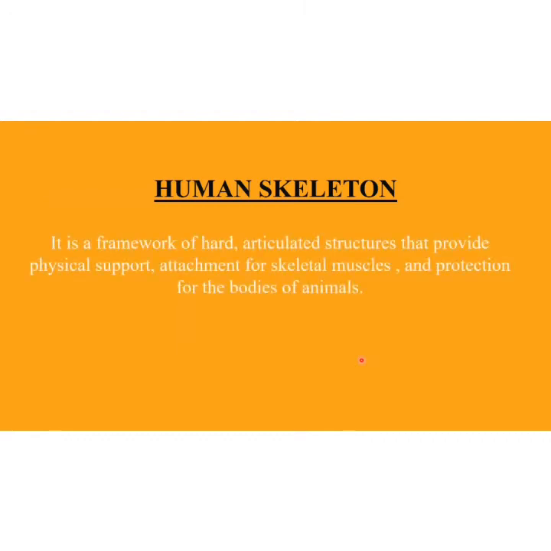Next, a human skeleton. What is the human skeleton? It is a framework of hard, articulated, meaning joints which are present in the skeleton, structures that provide first, physical support, second, attachment for skeletal muscles.